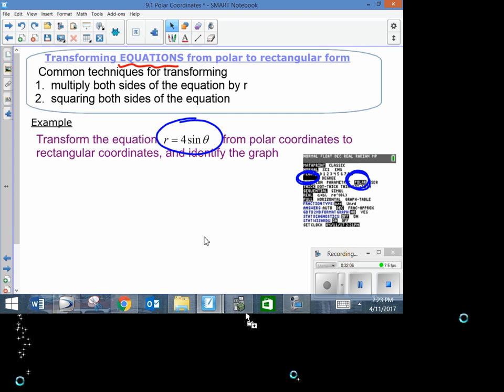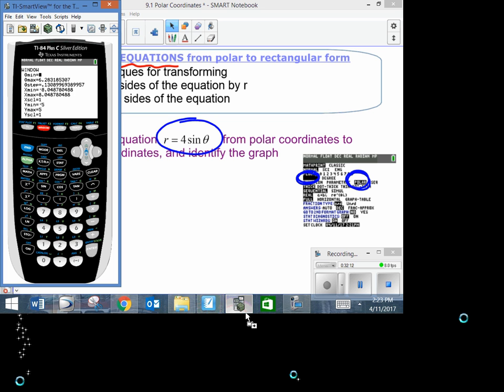Okay. Now, we'll do the graphing next time, but I just wanted to show you. These get pretty cool. And this is what we're going to do. I'm going to show you some basic, like, slide a little 4 in there next to the theta and see if it turns into something.